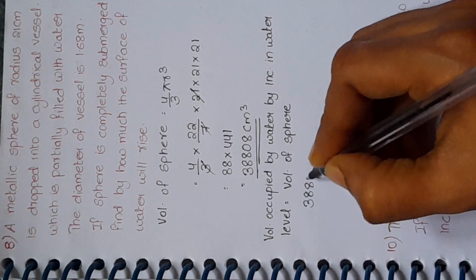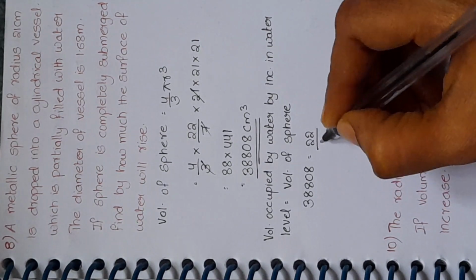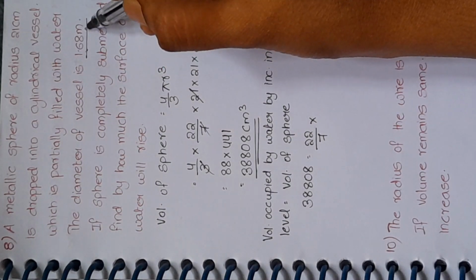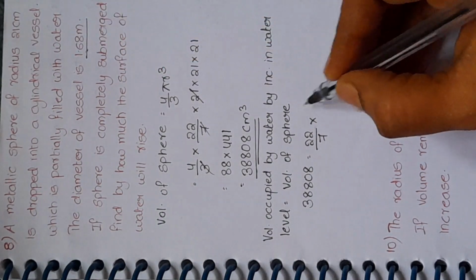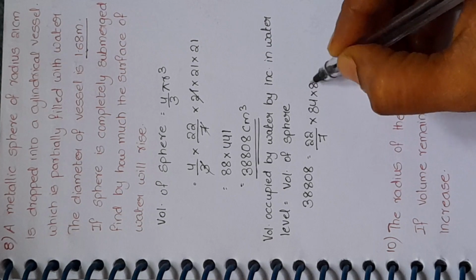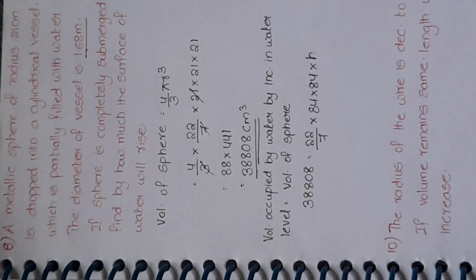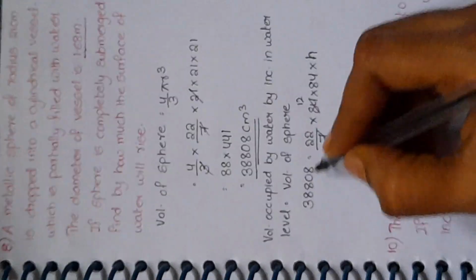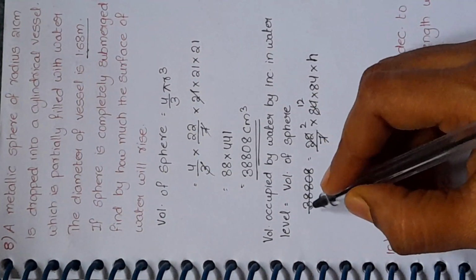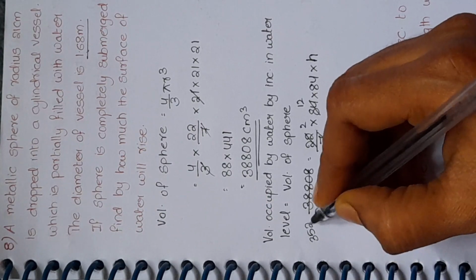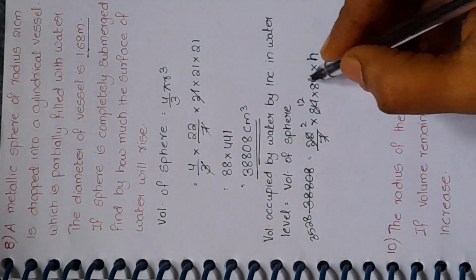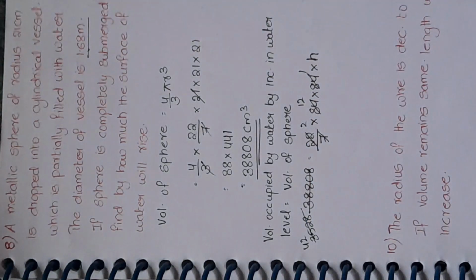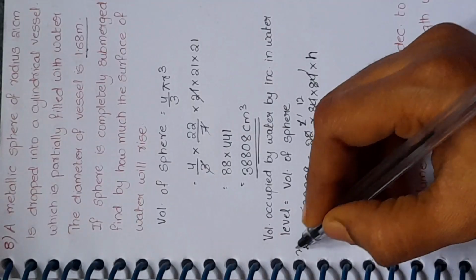So 38,808 is equal to 22 by 7 r square h, here the diameter of the cylinder is given as 1.68 meter. So half of the diameter is radius. So 84 into 84. We don't know the h. We should find the h now. Cancellation. 7 ones, 7 12s. So 11 2 times and 11 3,528 times. 84 ones and 84 42 times. 2 ones and 2 21 times.